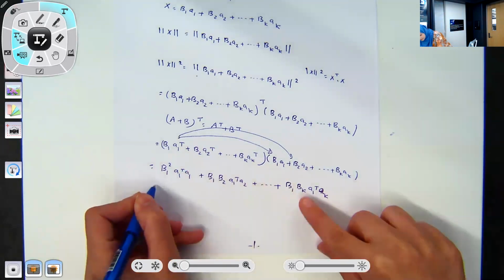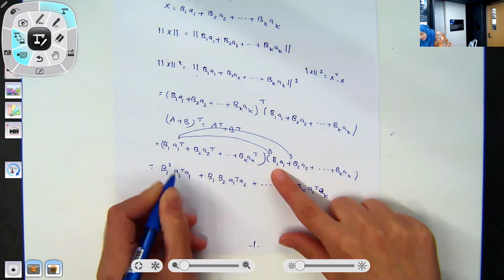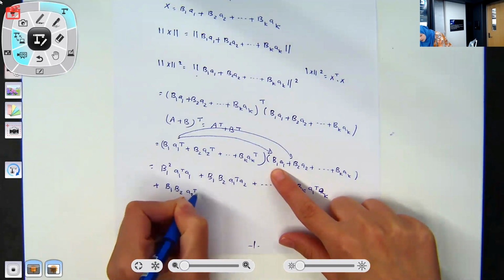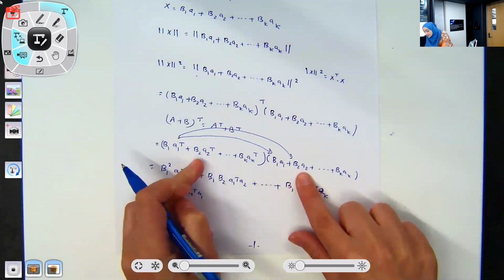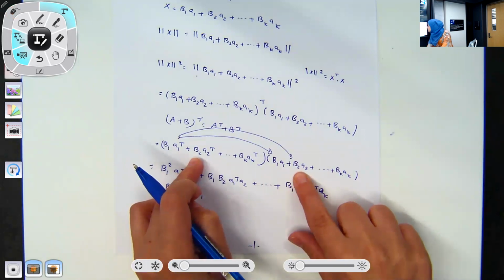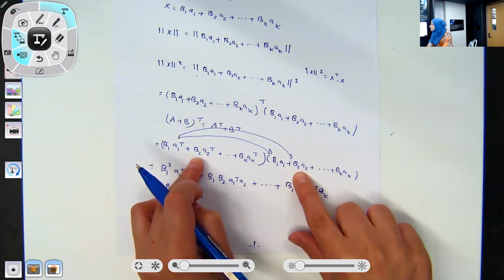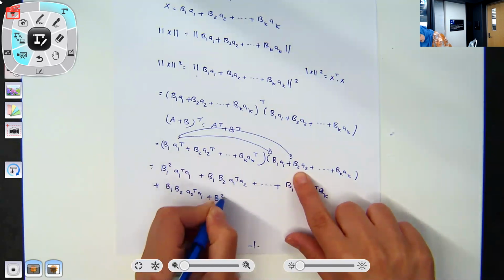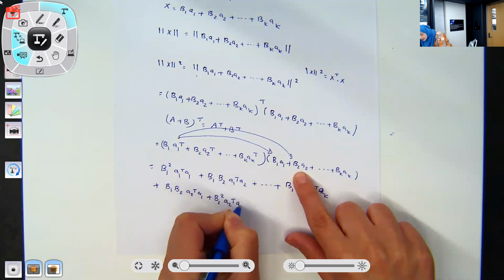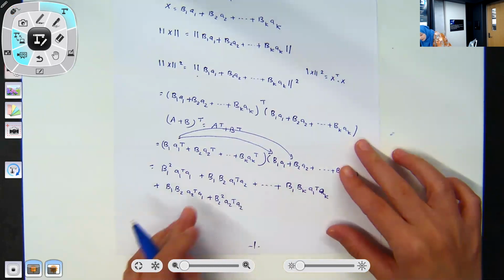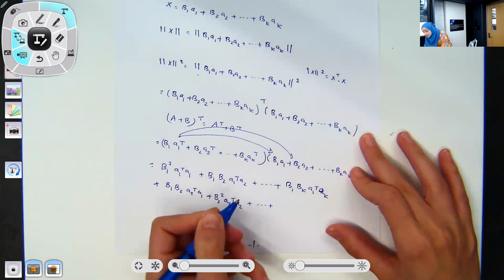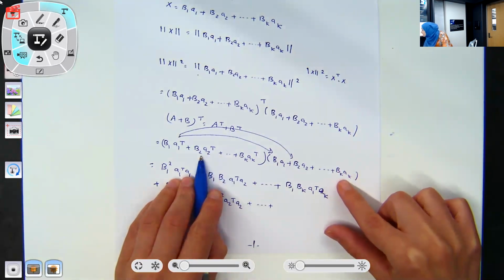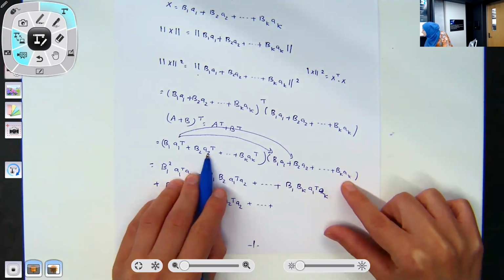So plus B1 times B2 multiplied with A2 transpose times A1, plus B2 times B2, from here we will get B2 to power 2, times A2 transpose times A2, plus B2 times BK multiplied with A2 transpose times AK.